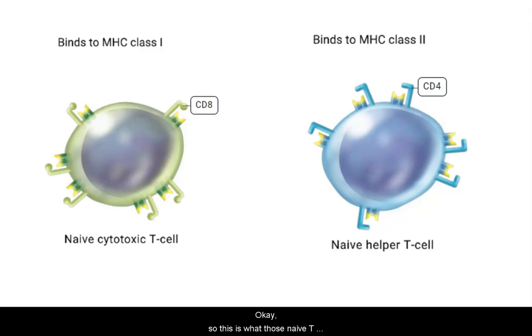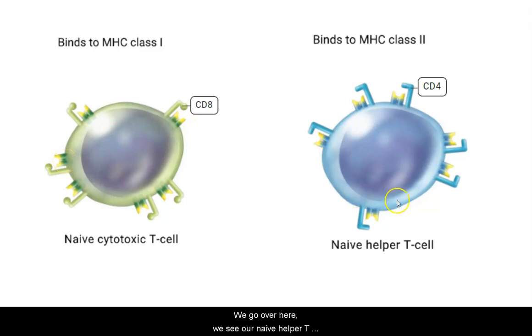Okay, so this is what those naive T cells look like. On the left here, we have a CD8 positive T cell. So this is going to be our cytotoxic T cell. And you can see it's only going to be expressing the CD8 co-receptors along with the T cell receptors. And note that the T cell receptors on this lymphocyte are all going to be identical to one another, and they're only going to respond to one particular antigen.